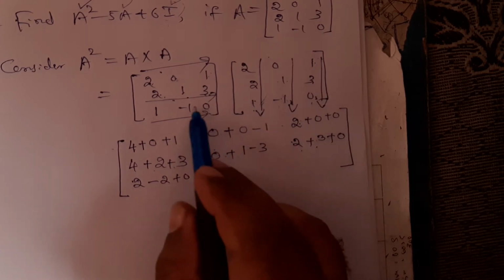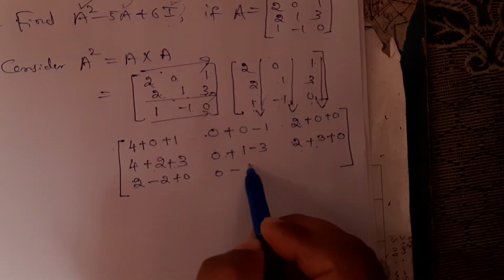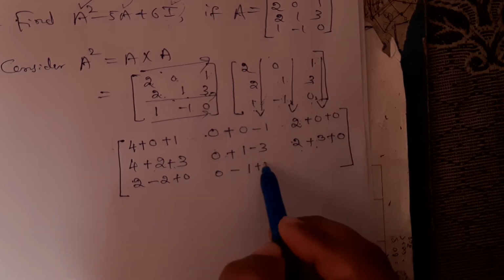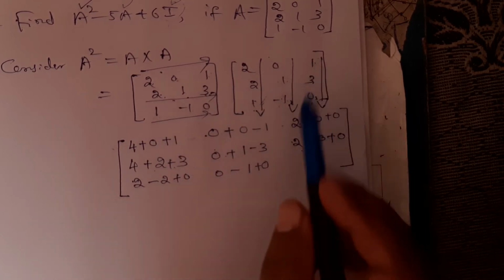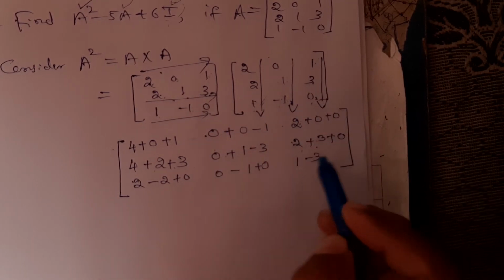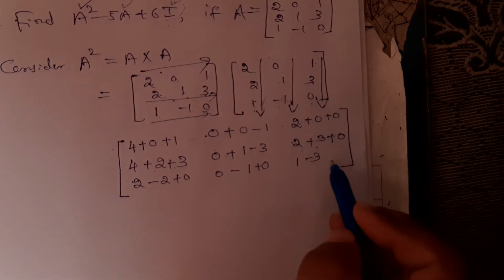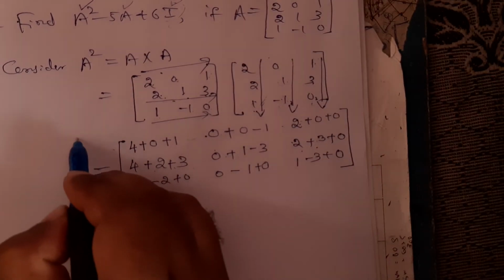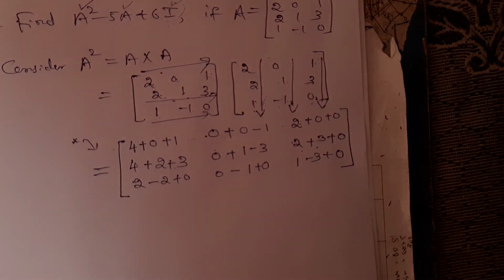Then minus 1 into 1, that is minus 1. Then plus 0 into minus 1, it will be 0 only. Then 1 into 1, it is 1. Then minus 1 into 3, that is minus 3. Then plus 0 into 0, it will be 0. This step is very, very important here.